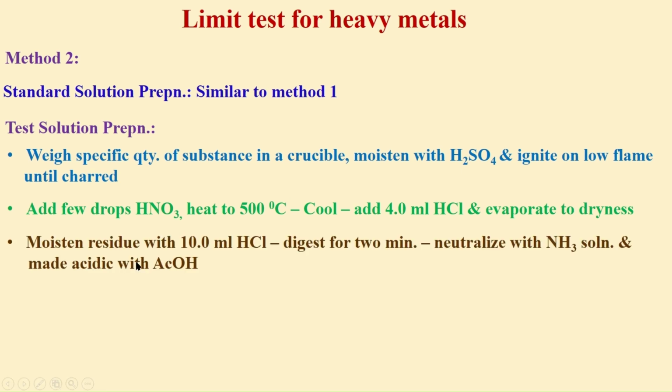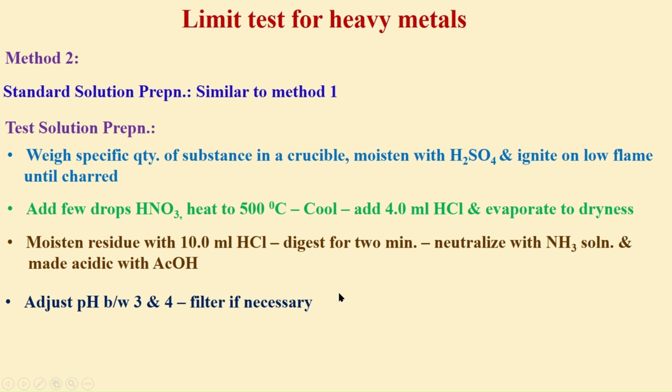Then again we add 10 ml HCl and digest or dissolve it by triturating with the help of a glass rod. Whatever substance gets dissolved, we neutralize with ammonia solution and make it acidic to pH 3 to 4 with acetic acid, and again we filter. Any insoluble substances can be removed.